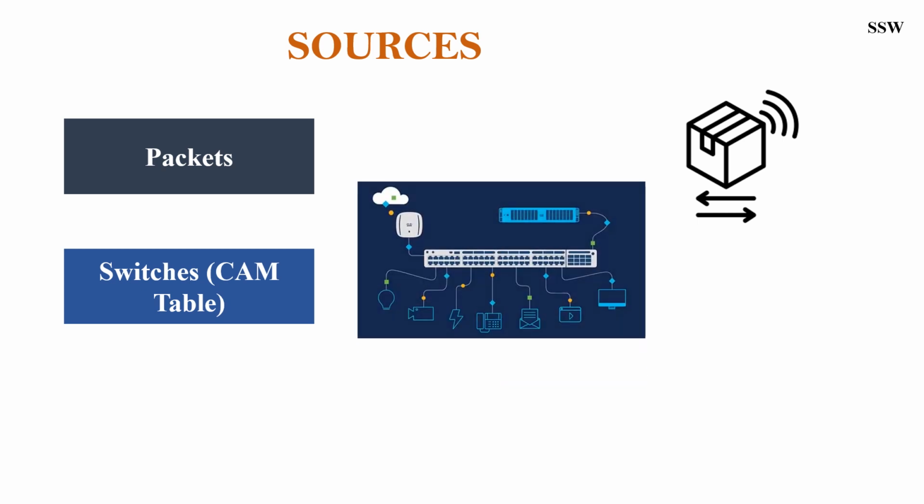Switches. So switches are used to connect the devices on a computer network, and it contains a content addressable memory table, that is CAM table, which maps physical ports to MAC addresses, and this helps to trace the MAC address to a specific port to analyze the network activity.